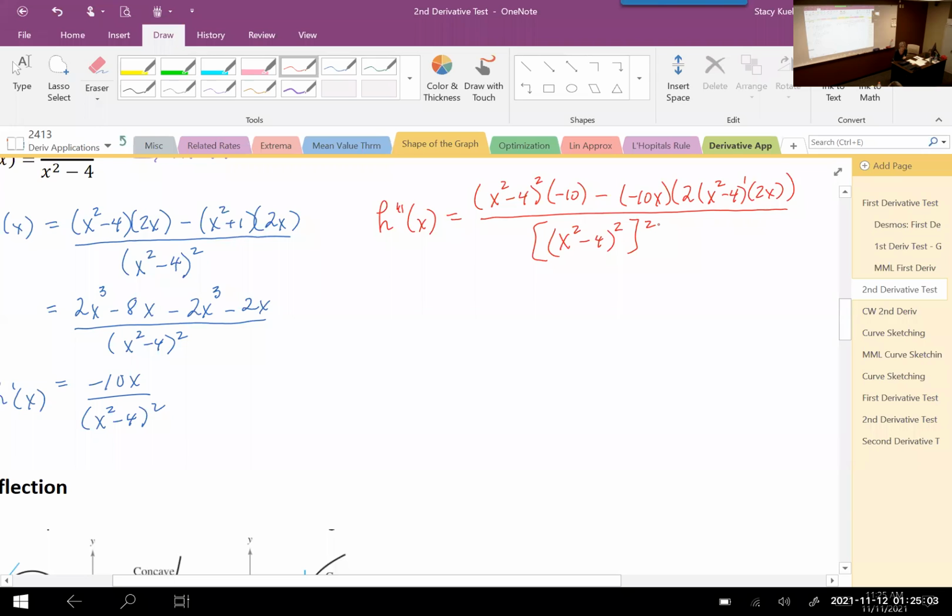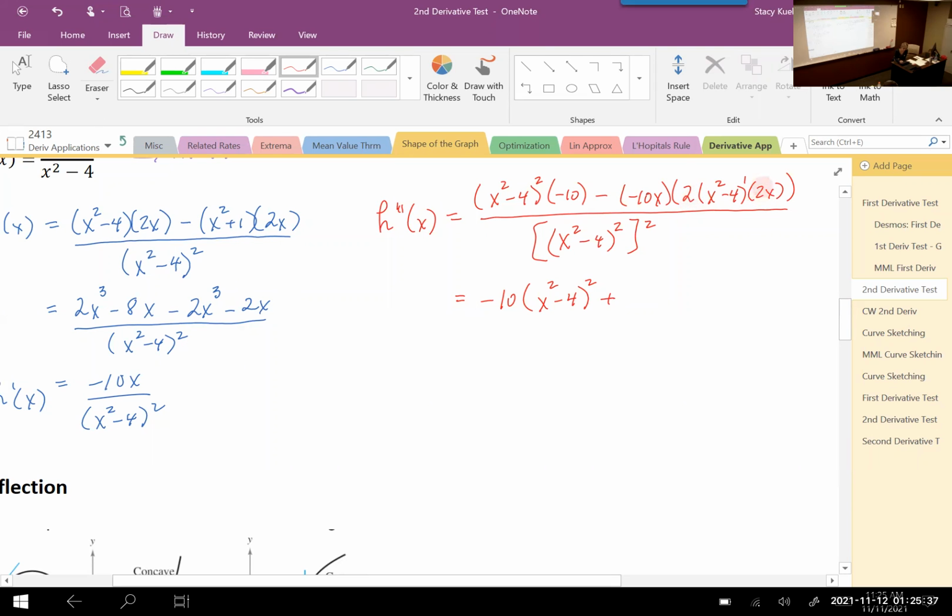So far, so good? Everybody saw what we did? Low-de high, high-de low, over low squared. All right, simplifying the numerator. Let's just take -10, I'm going to write it in front. Let's write it as x squared minus 4 to the second power. Plus 10 times 2 times 2, right?